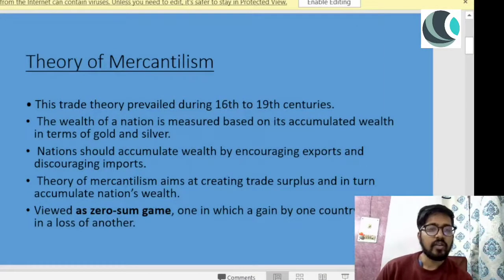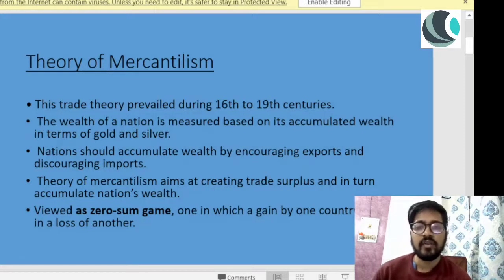All right, so we're talking about the theory of mercantilism. This theory came during the 16th to 19th century, the earliest one. Now, what in this theory? The wealth of the nation is measured based on its accumulated wealth in terms of gold and silver. So your wealth will be measured depending upon how much gold and silver you possess.